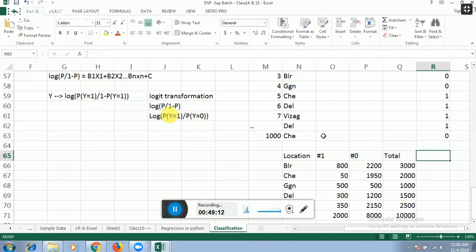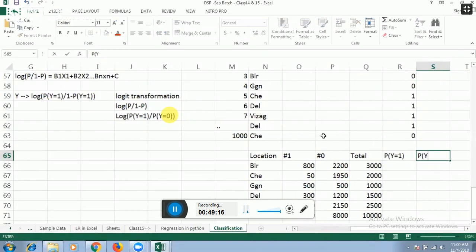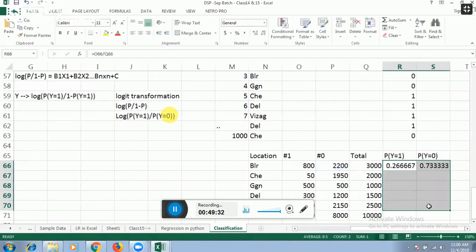And now probability of y equal to 1 for this one how much? And probability of y equal to 0 how much? Probability of y equal to 1, 800 by 3000. Correct or not? And this is nothing but 2200 by 3000. So this is my probability for 1 and 0.